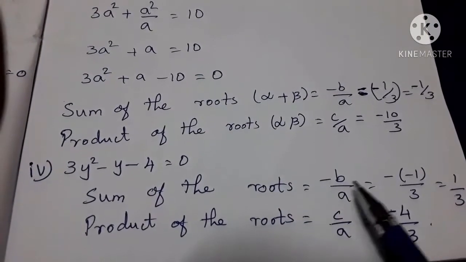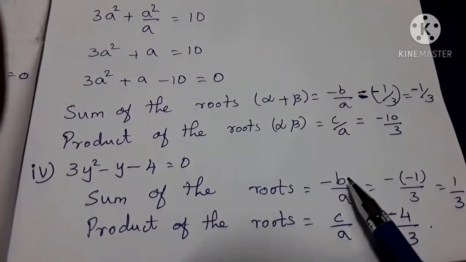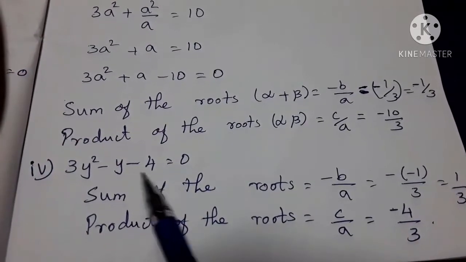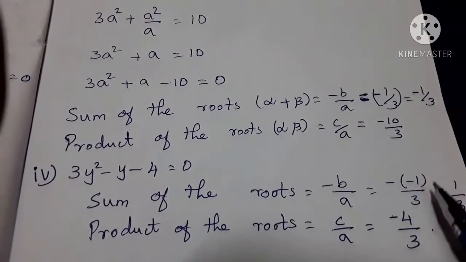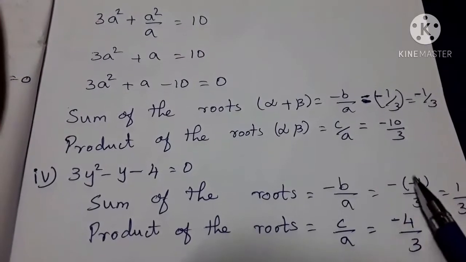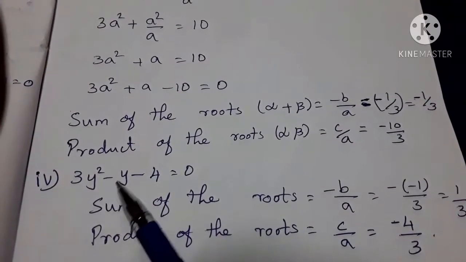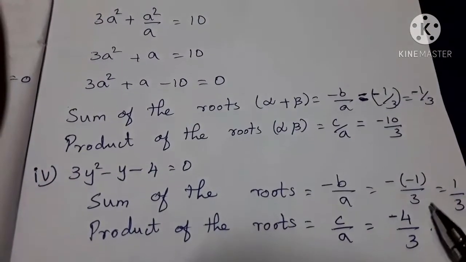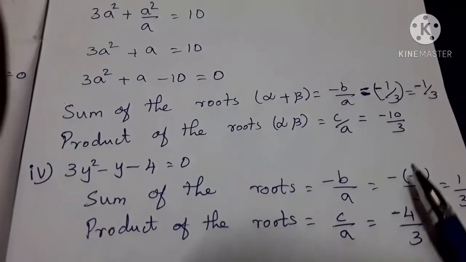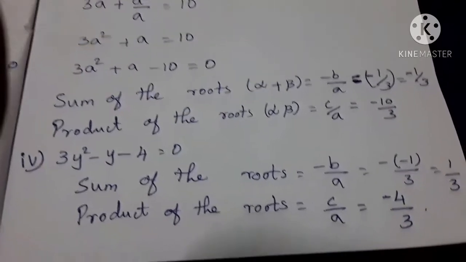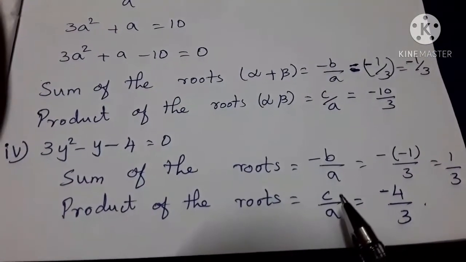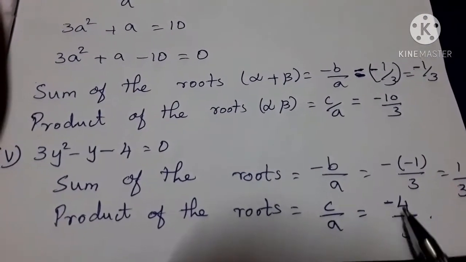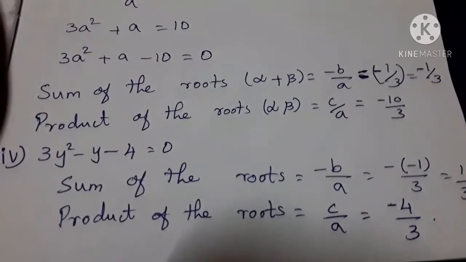Sum of the roots, alpha plus beta, is minus b by a. Minus b is minus of minus 1. The formula has a minus, and here we also have minus 1. Nothing is written for a, so we take it as 1. So minus into minus is plus 1 by 3. Product of the roots, c by a, is minus 4 by 3.